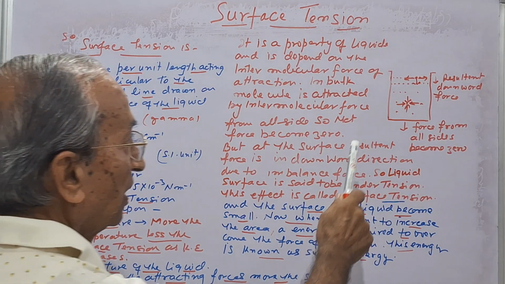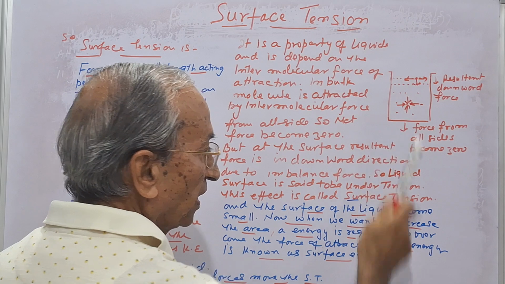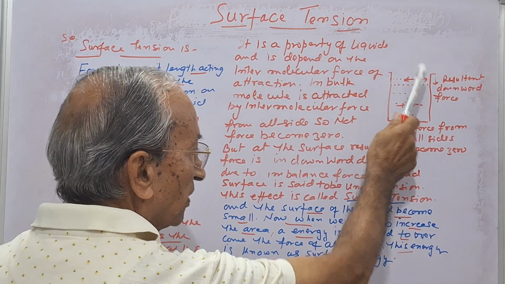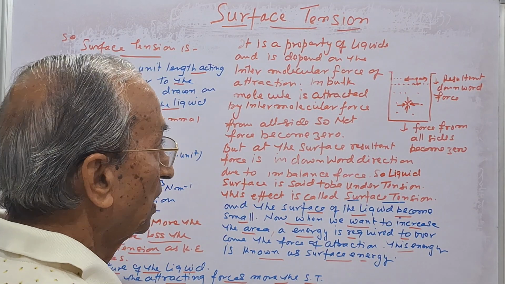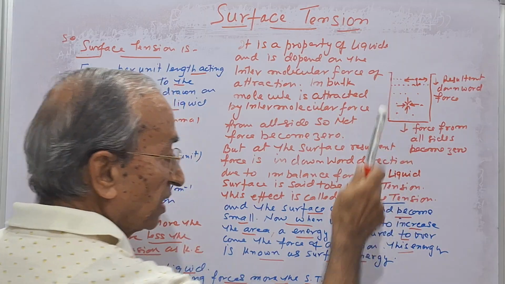Again listen, when the surface is under tension, it means the area reduces. Now if we want to increase the area, then some energy is required to overcome the force of attraction of the water molecules.